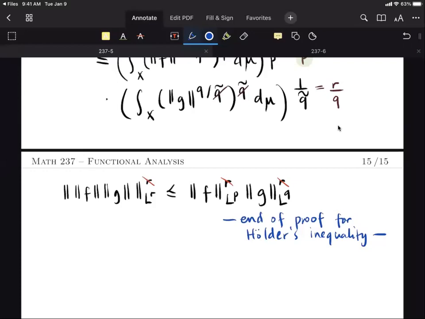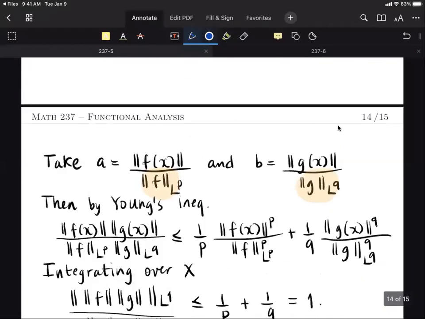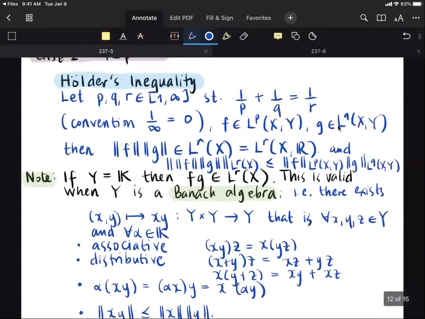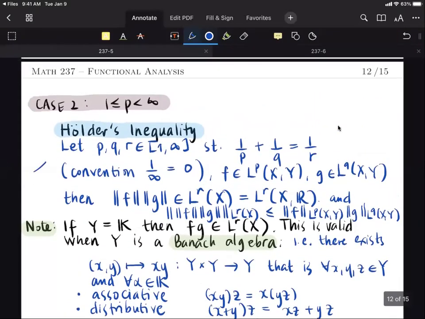So just to remind ourselves, we use Young's inequality to establish Holder's inequality. And what is the purpose of Holder's inequality?